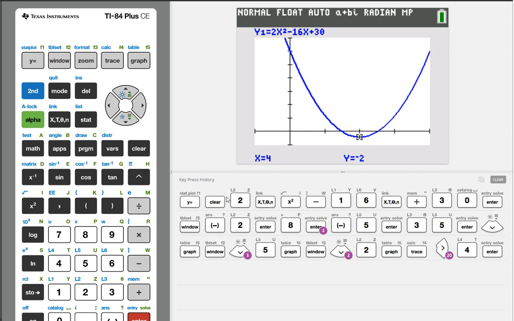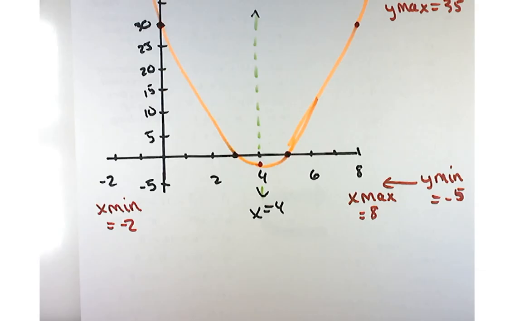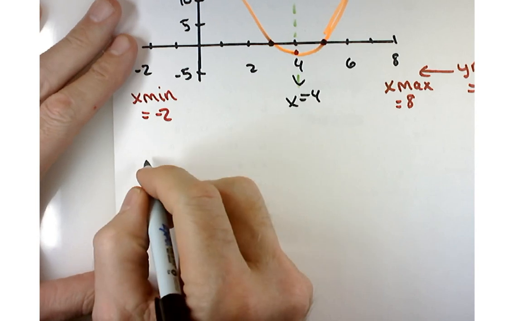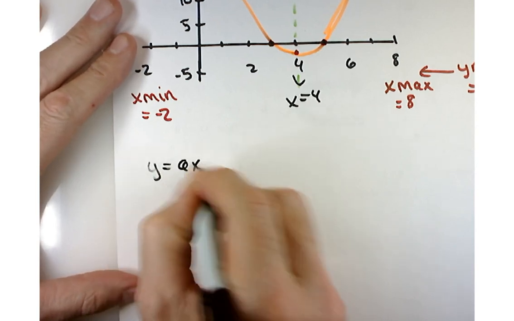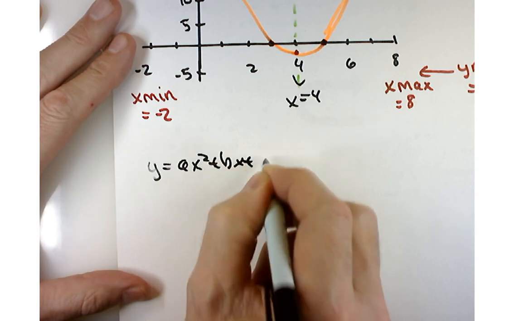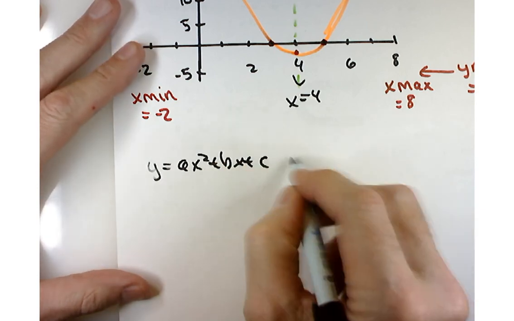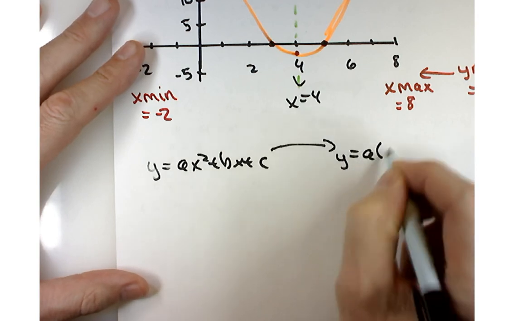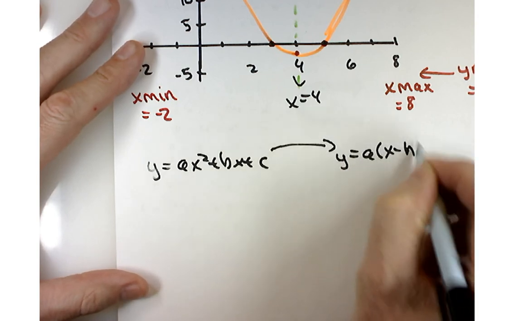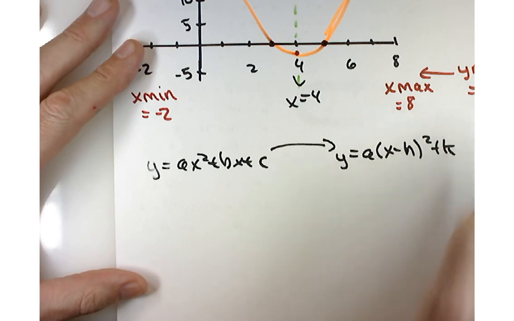So how could we use that to help ourselves out? Well, let me look here. We started out with something in standard form, y equals ax squared plus bx plus c. And then we wanted to convert it to vertex form, y equals a times (x minus h) squared plus k.